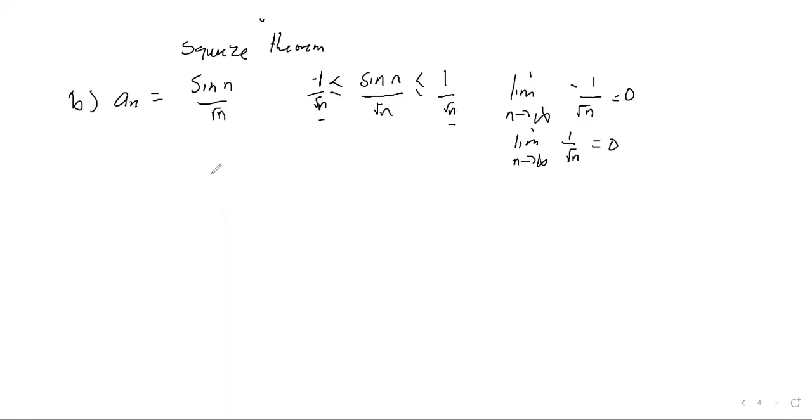So you say, okay, this means that the limit as n goes to infinity of sine n over the root of n is actually 0, which is less than infinity. Okay, so what does that mean? It means that we have convergence here.